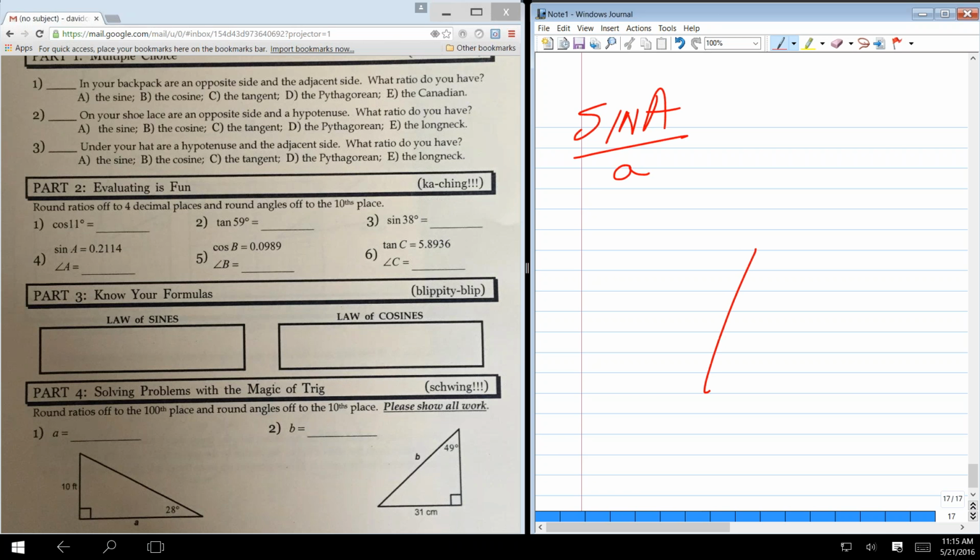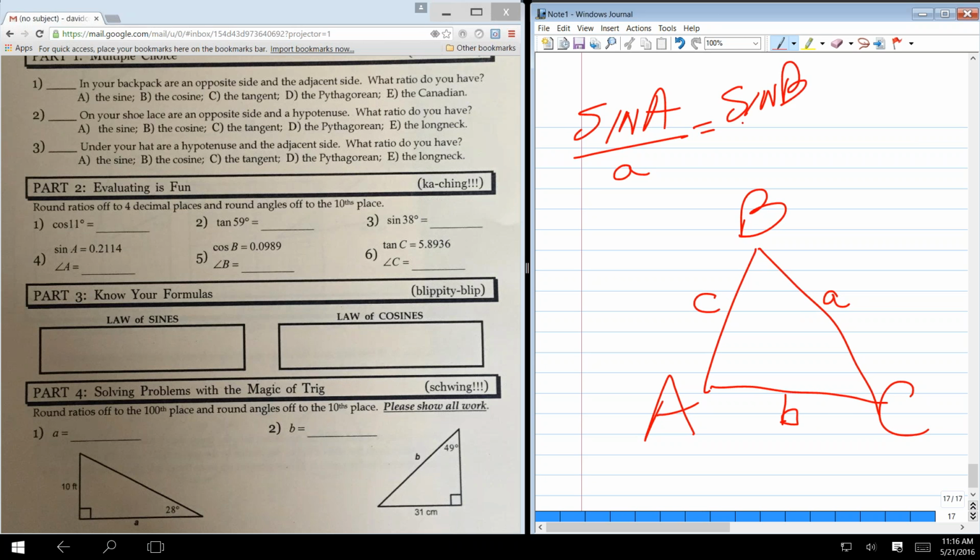In other words, if I have a triangle, not a right triangle, and I'm going to label it A, B, C, opposite the capital A is side little a, then side little b and side little c. Now, what I can say is the sine of A divided by little a is the same as the sine of B divided by little b, and it's the same as the sine of C divided by little c.